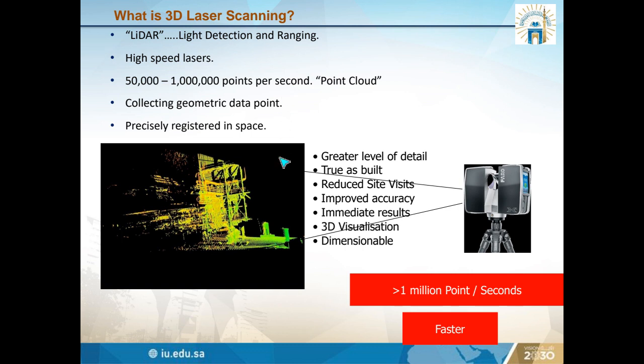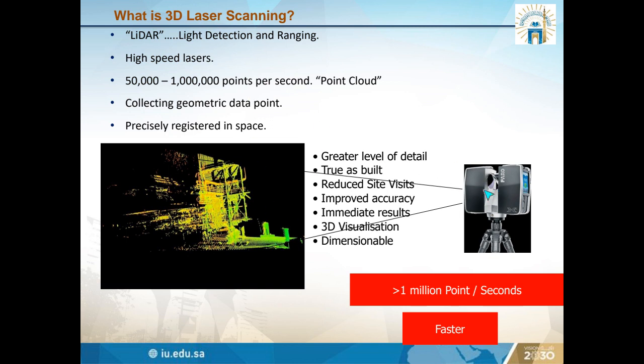This is the laser light detection and ranging type of scanning, and normally we also call it lidar, or terrestrial laser scanning survey.